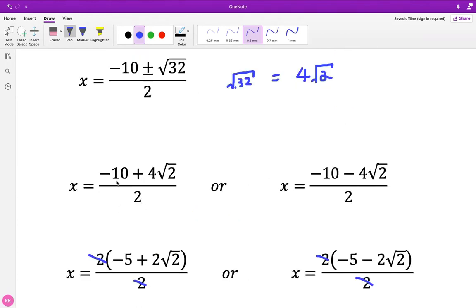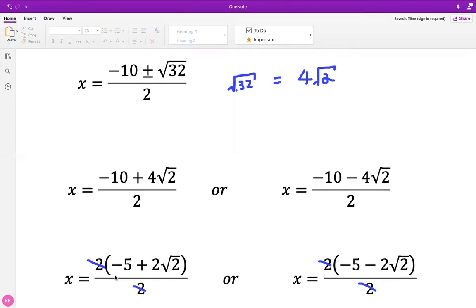So we have x equals negative 10 plus 4 root 2, over 2, or x equals negative 10 minus 4 root 2, over 2. I can also simplify the numerator by taking out the 2. I take out the 2 here and leave negative 5 plus 2 root 2. If I take out the 2 here, negative 5 minus 2 root 2.